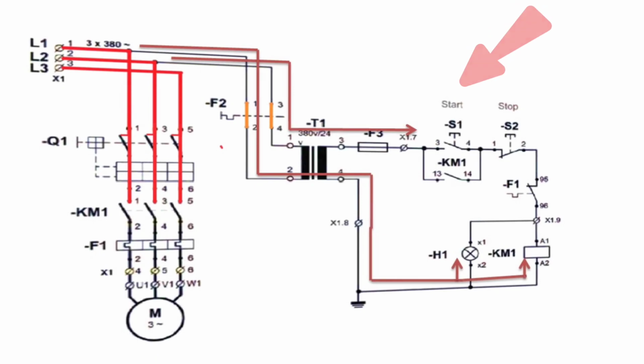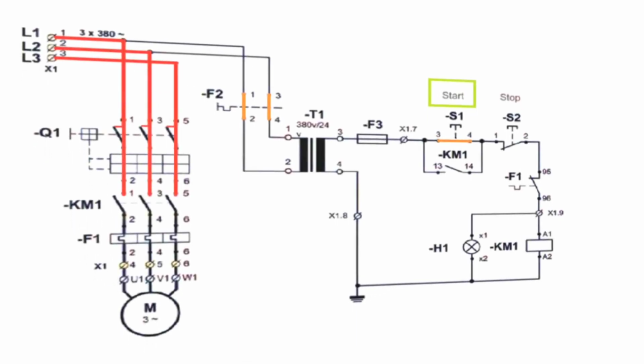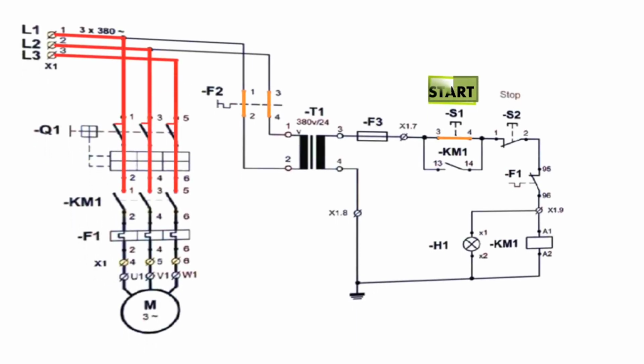Because of the start push button S1, the current will not reach contactor coil KM1, so the current will not reach the motor and the motor is in off position.